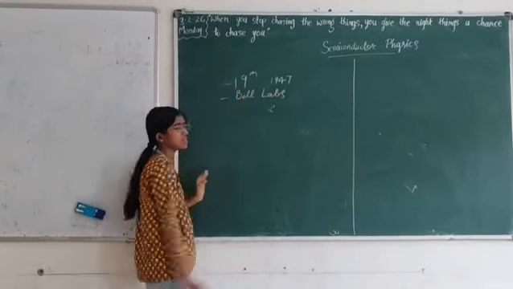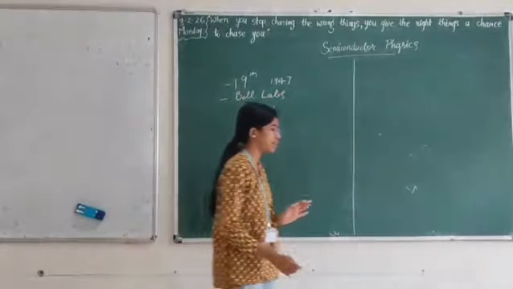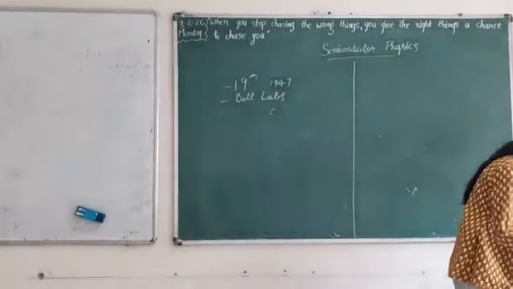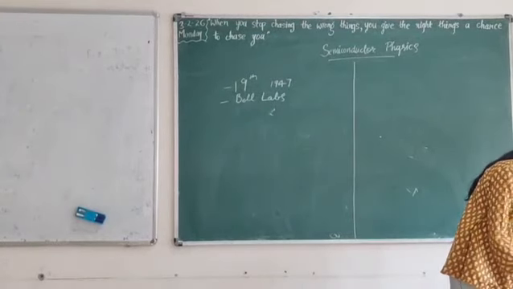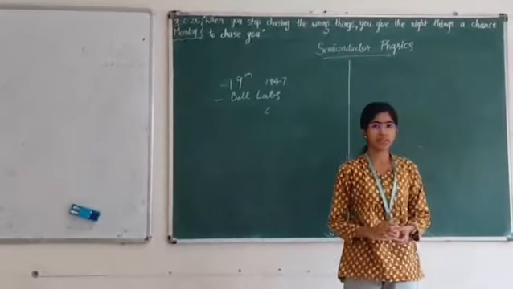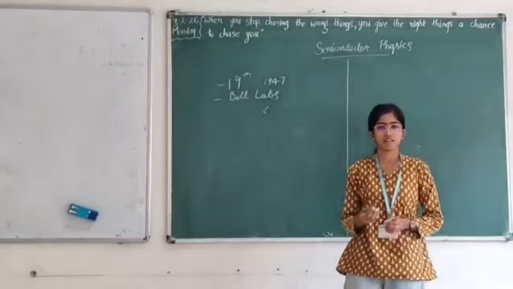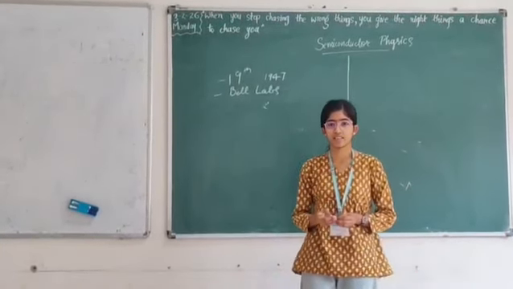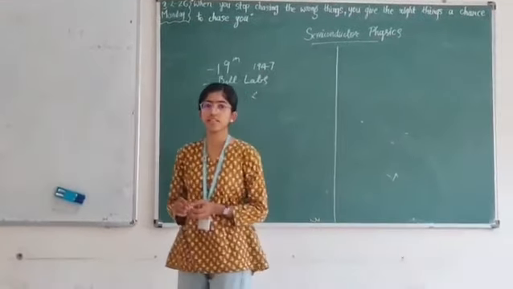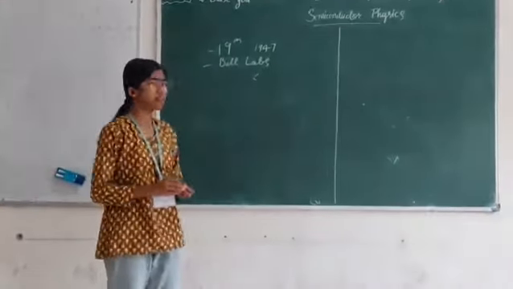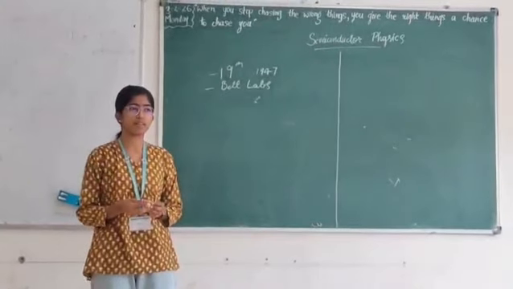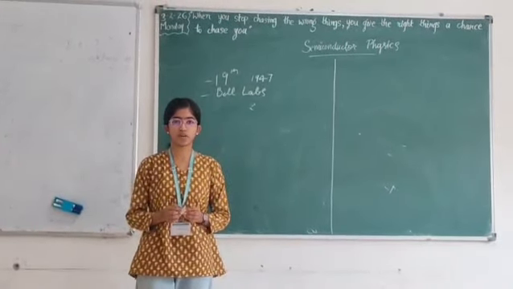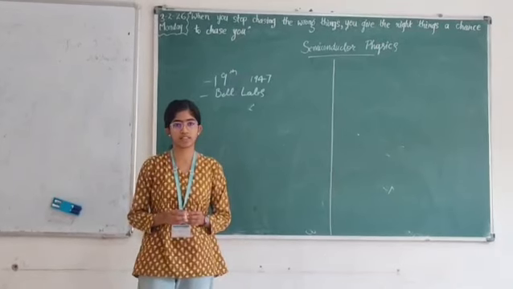In the Bell Labs, three scientists, namely John Bardeen, William Shockley and Walter Brattain, conducted experiments and discovered transistors. At that time this discovery was considered very big, and they even got the Nobel Prize for this discovery of transistors.